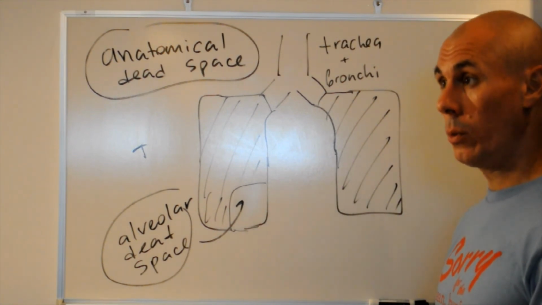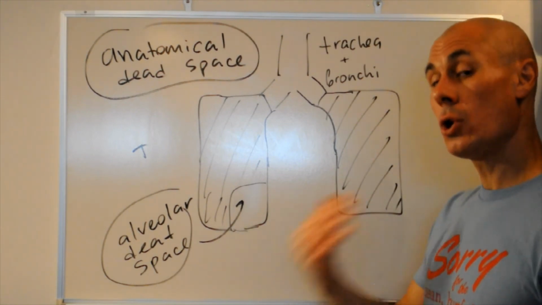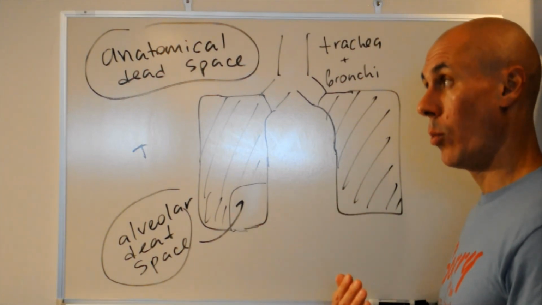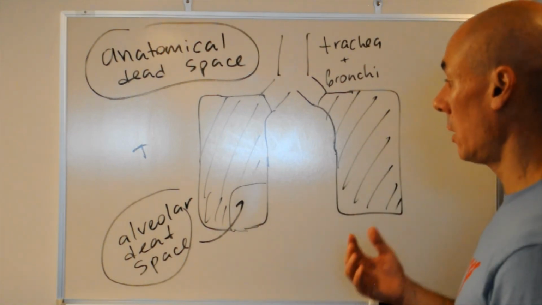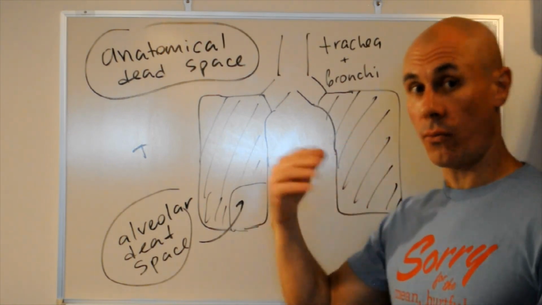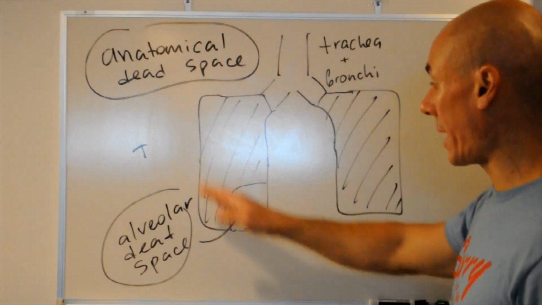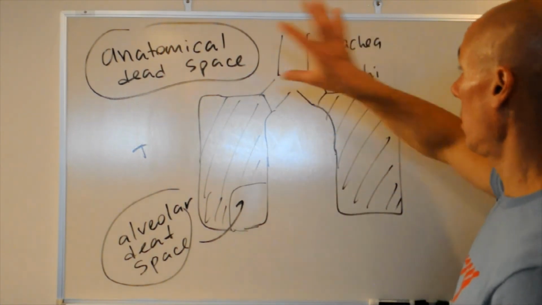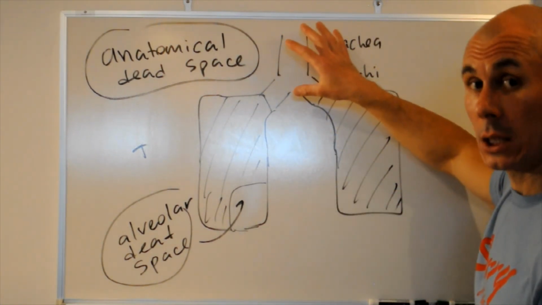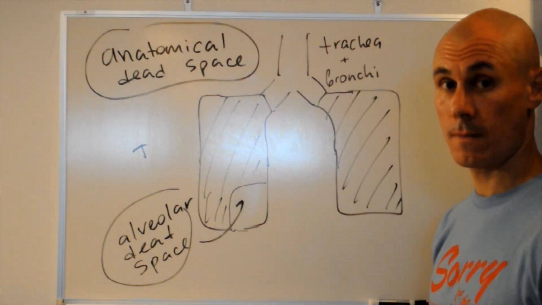And when you consider the amount of air that you can use, that oxygen can come from, you have to take into account that the volume that you inhale will be distributed between the respiratory zone, which is going to participate in the gas exchange, and the dead space, which is not going to participate in the gas exchange.